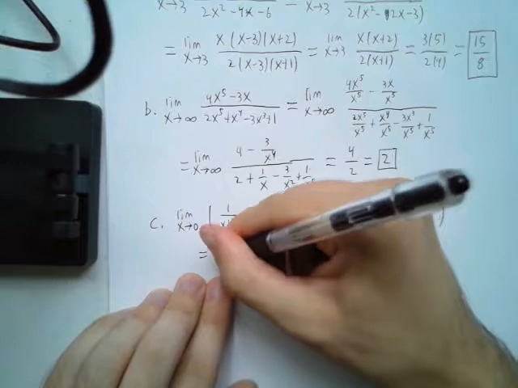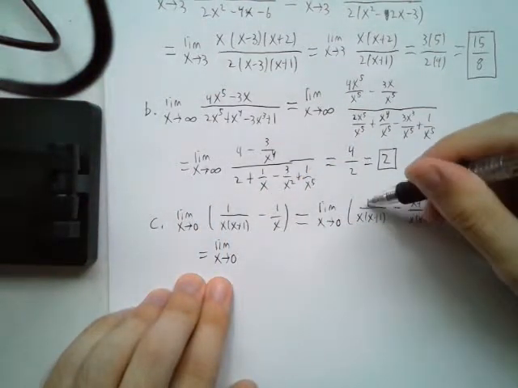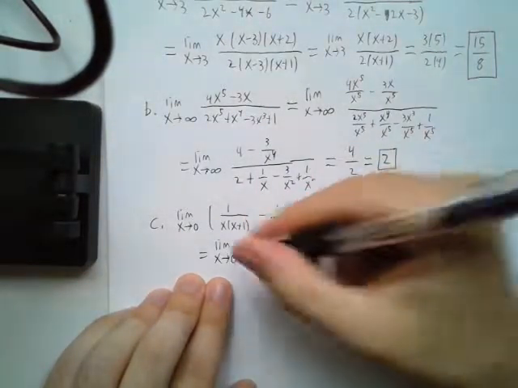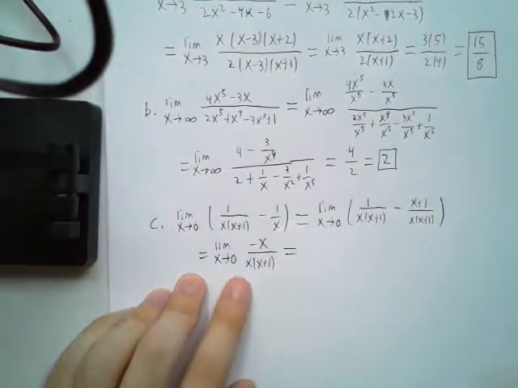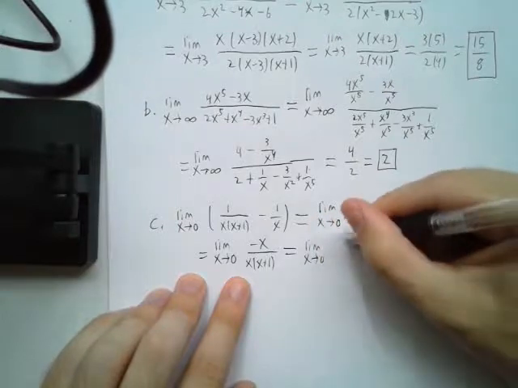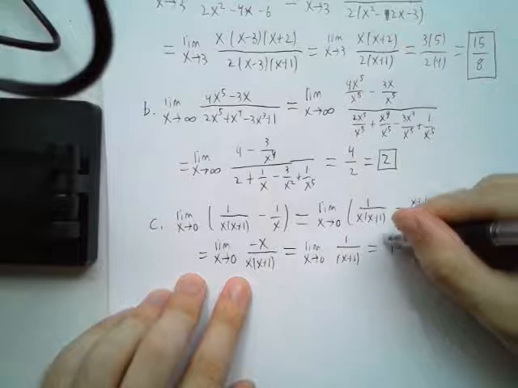And this is equal to the limit as x goes to 0 of, 1 minus 1 cancels out, so we just get negative x divided by x times (x plus 1). And if we simplify this, we get the limit as x goes to 0 of negative 1 over x plus 1, which gives us negative 1 for the value of the limit.